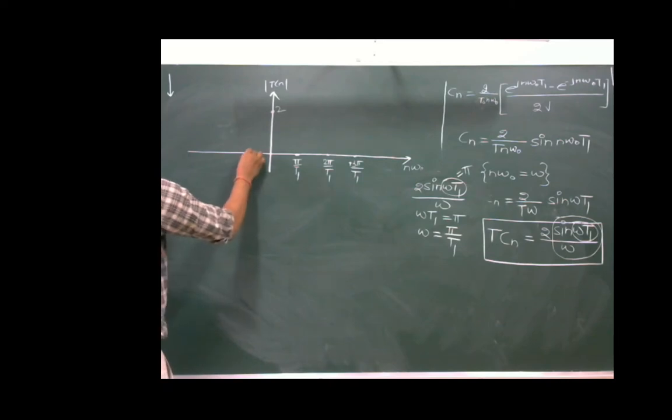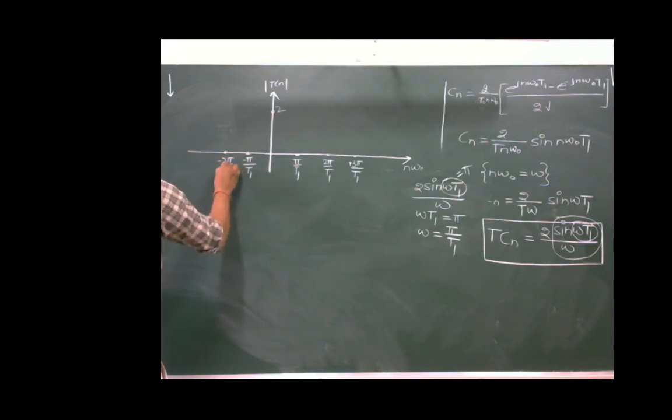The same will be repeated on the left side of the y-axis: minus pi by t1, minus 2 pi by t1, and minus 3 pi by t1.